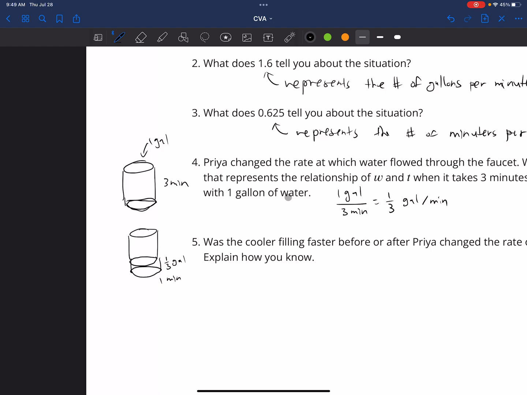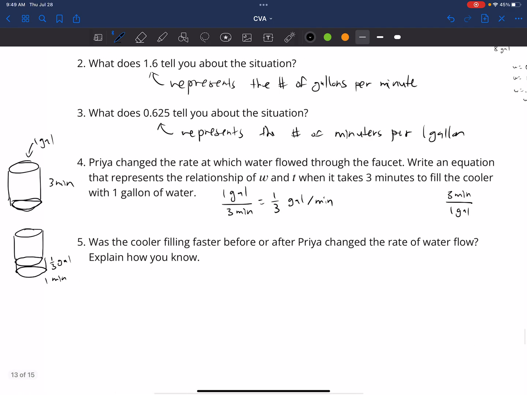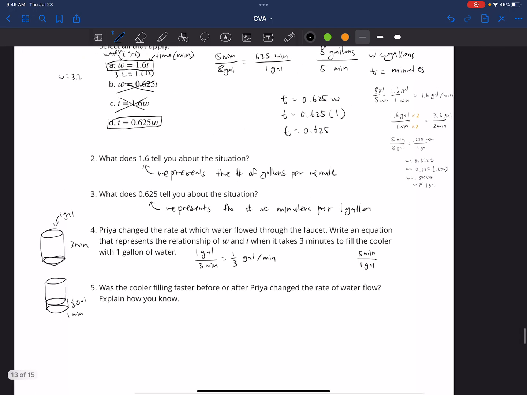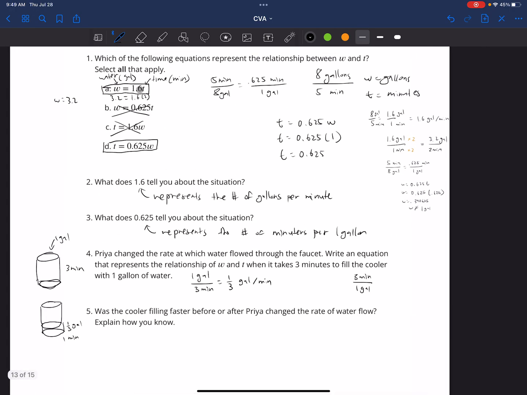Okay, I hope you guys see the intuition behind that. I know the drawing is pretty horrible, but if it takes 3 minutes to fill up the whole thing, 1 gallon, in 1 minute it's going to take up 1/3 of a gallon. Okay. Anyways, let's keep going. So this one represents my gallons over minute, and this equation did that as well.